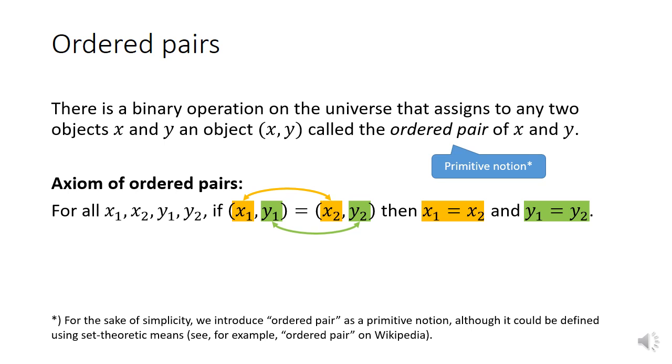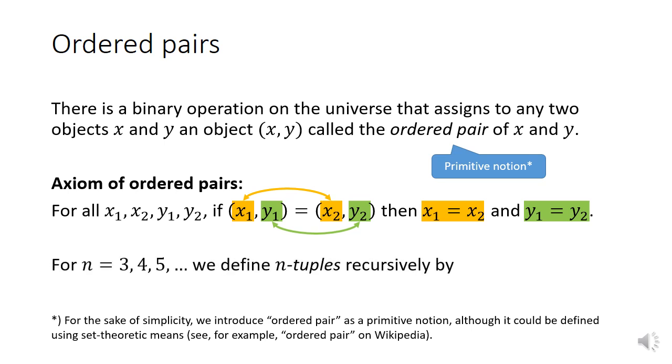An ordered pair is also called a couple or a two-tuple. We can extend this notion recursively to n-tuples for n equals 3, 4, 5 and so on by nested ordered pairs.